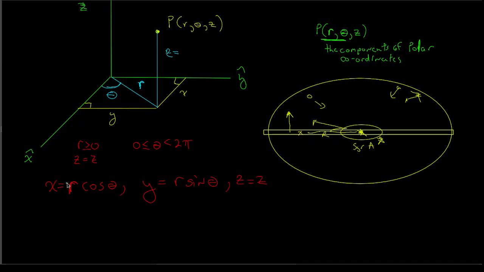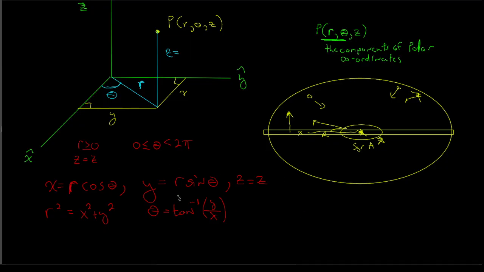So knowing your r and theta component translates into x, knowing your r and theta component translates into y, and knowing z translates back to z. The r component is the square root of x squared plus y squared, and the theta component is the inverse tangent of y over x.